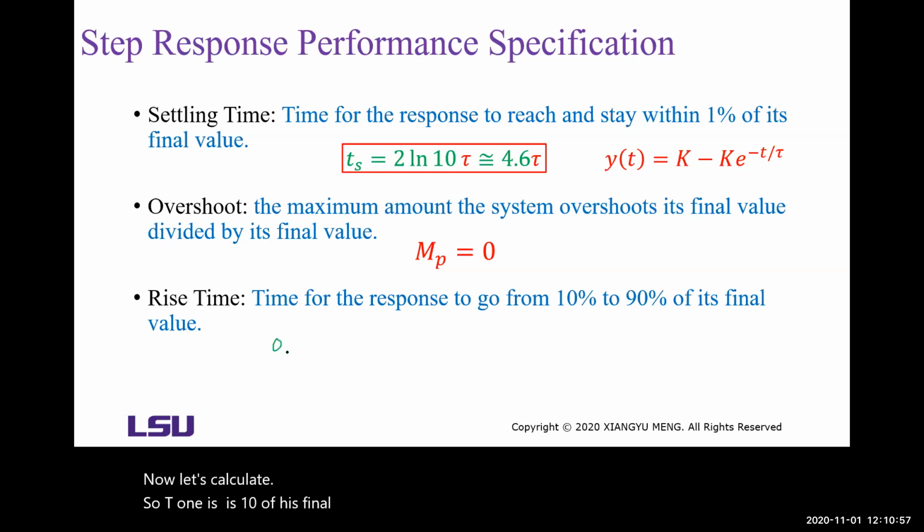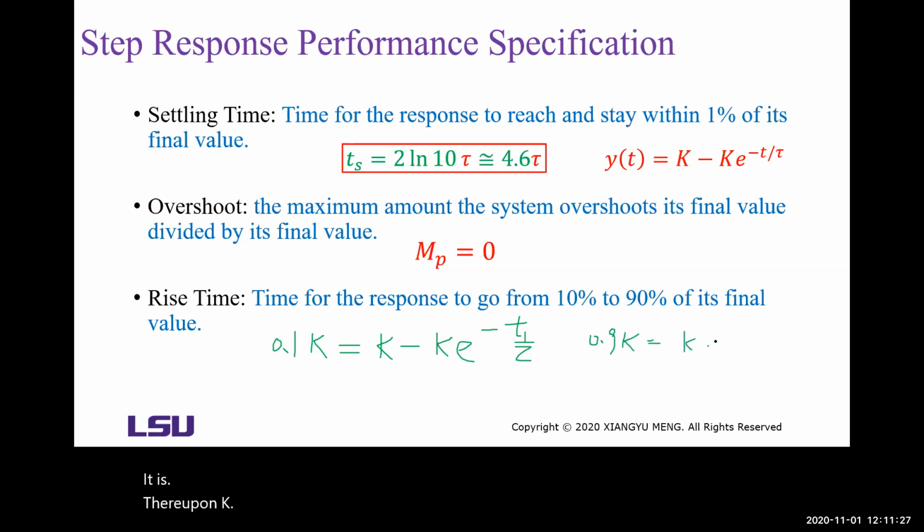This will be 0.1 K, since the final value is K. So 0.1 K equals K exponential minus T1 over tau. Let's divide K on both sides.